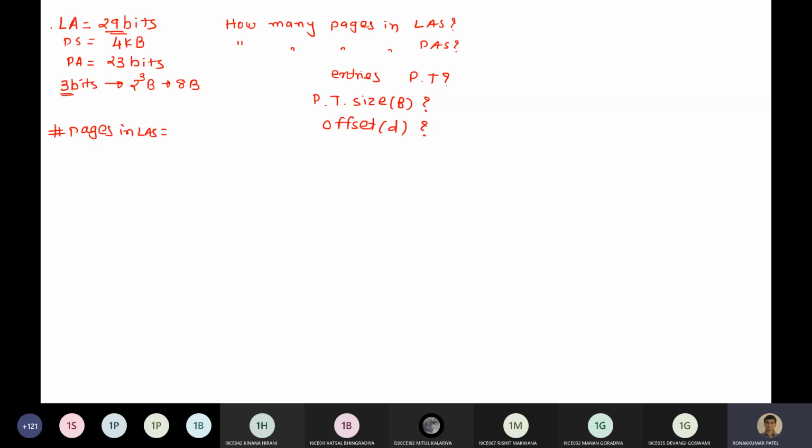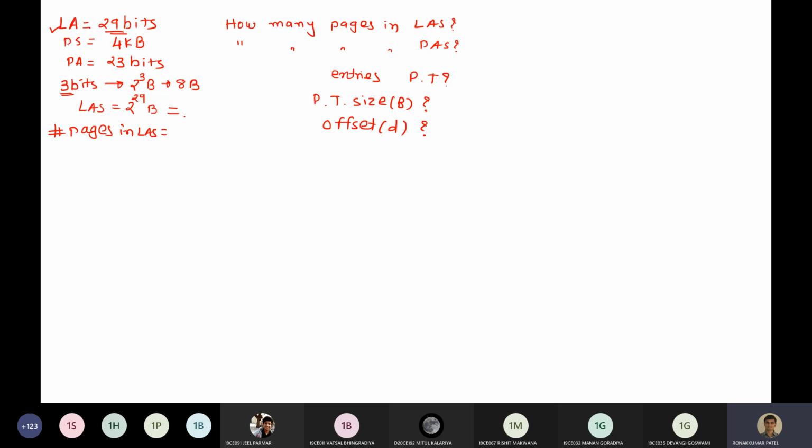This is your logical address, 29 bits, right? So we first require the size of this logical address space. What will be the size of this? 2 raised to 29, bytes. Yes, bytes. So now we know the size, 2 raised to 29 bytes, right?